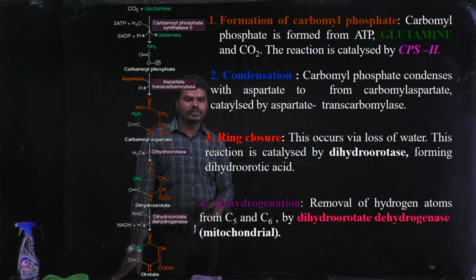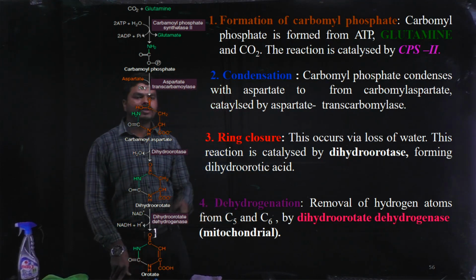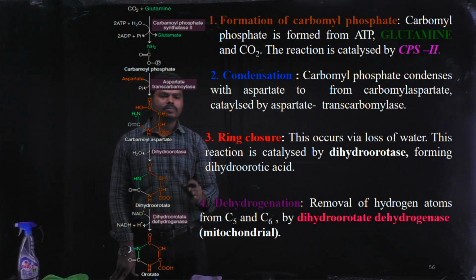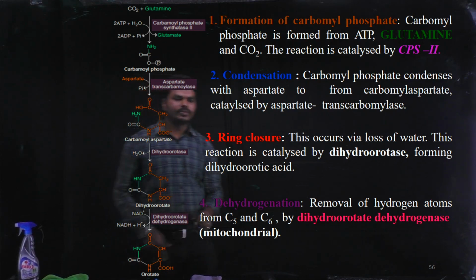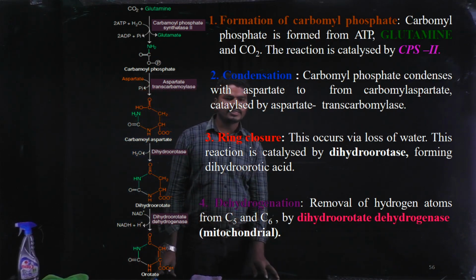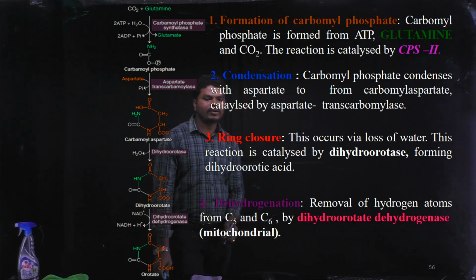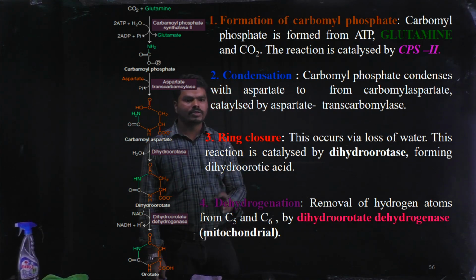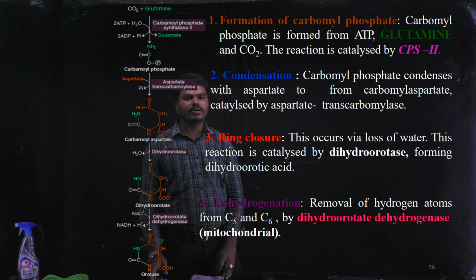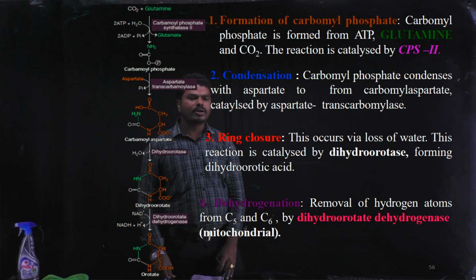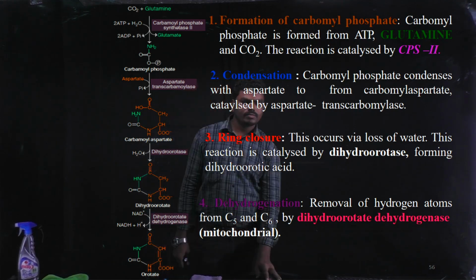So this is the enzyme which will catalyze the conversion of dihydroorotate to orotate. During this reaction, there is a loss of hydrogens from C5 and C6 carbons, and this reaction takes place in the mitochondria. So the dehydrogenation reaction is a mitochondrial reaction. Inside the mitochondria, this reaction takes place.